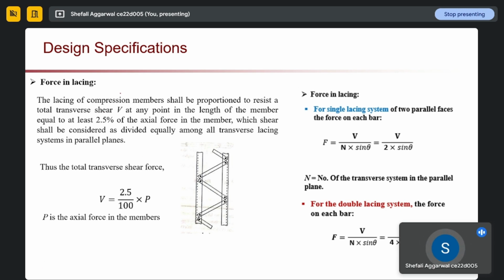So next is the force in the lacing bar. This is an IS 800 clause, and it's directly written the same way. The lacing of a compression member shall be proportional to the total transverse shear force at any point.